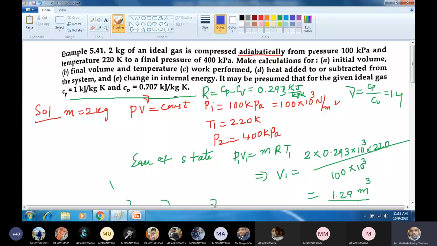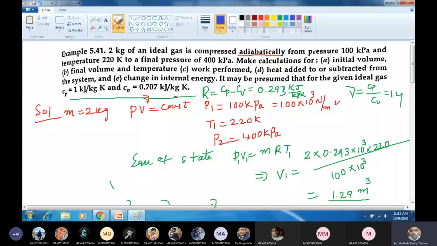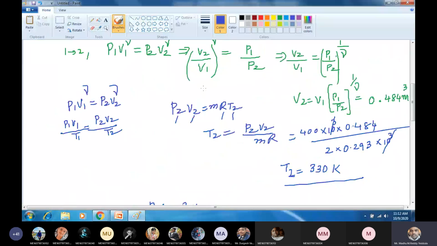Then after that, heat. For the adiabatic process, what is the heat supply? For adiabatic, Q is equal to 0. No heat interaction, no heat added for an adiabatic system. Then it is asking for the change in internal energy.